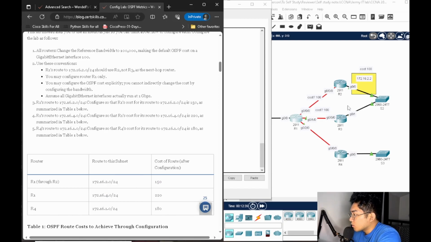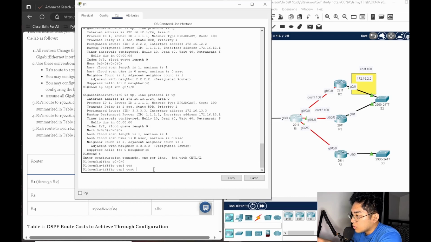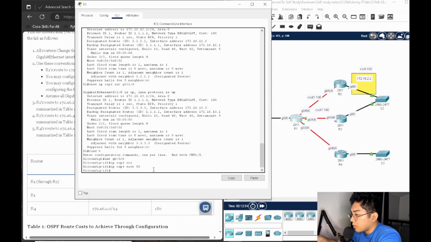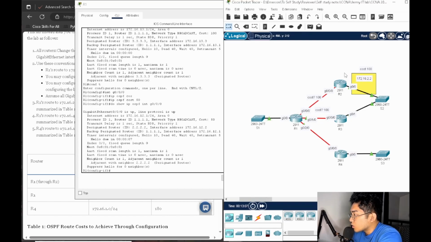Right now the total cost is 100 plus 100 equals 200. We want 150, so we need to change this to 50. The command is ip ospf cost 50. Now when we do show, the cost is 50, so the total cost of the route is 150.